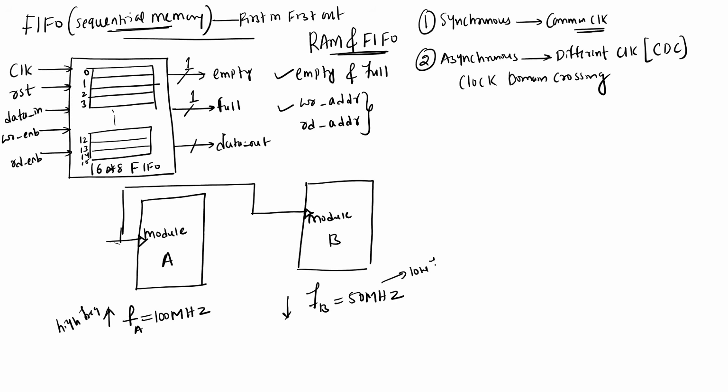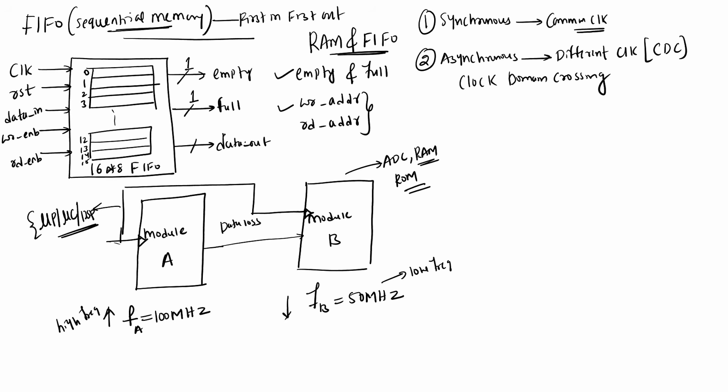So when you want to transfer data from module A to module B, there is a chance of data loss. Module A is high frequency, like a microprocessor, microcontroller or DSP processor. Module B is some peripheral like ADC, RAM or ROM, which are low-speed peripheral devices.